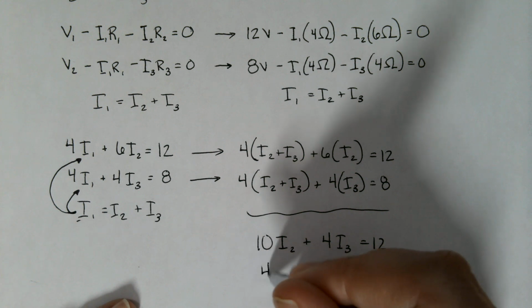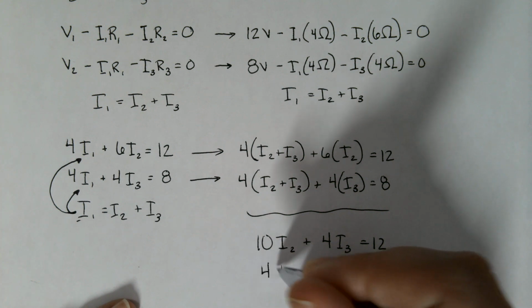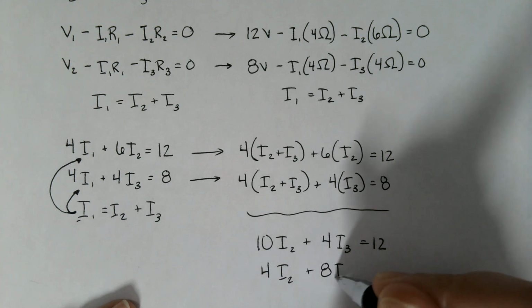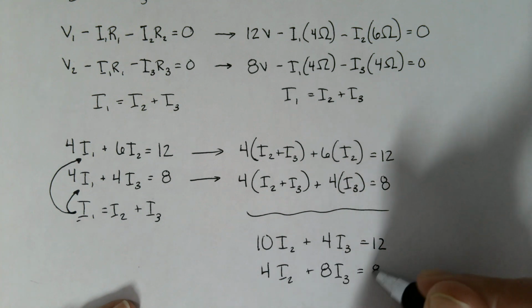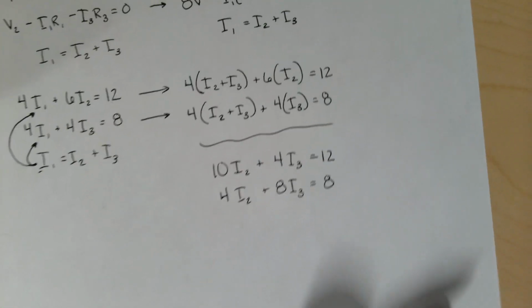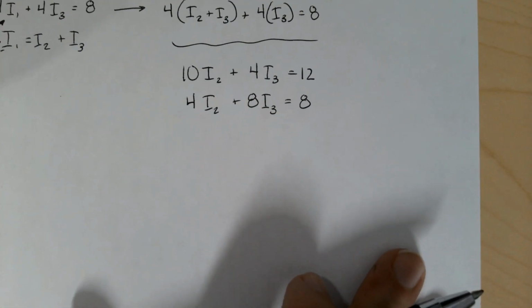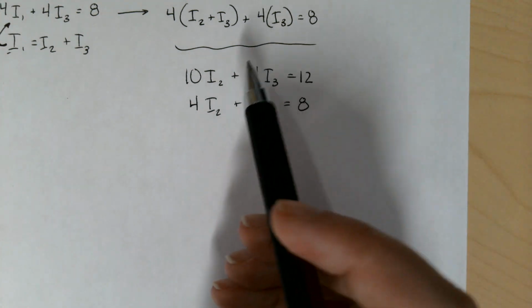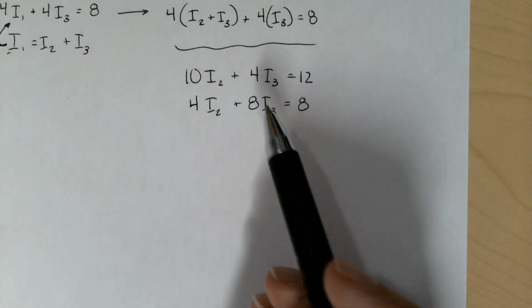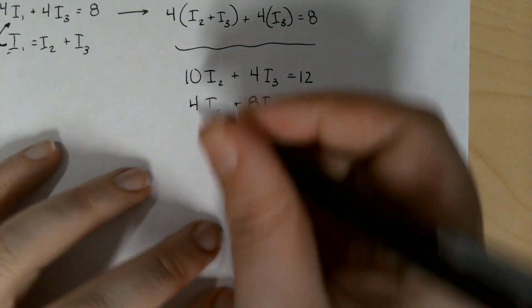Here, 4I2, 4I3 and 4I3 makes 4I2 plus 8I3 equals 8. Now in order to do this, I'm going to use the elimination process. I need to get the same variable and the same coefficient. I'm going to double this top equation, giving me 8I3, and then subtract the two equations.